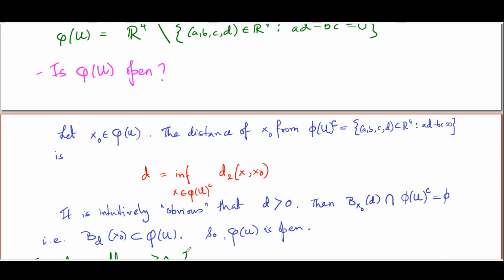But there's just one small nagging point here. This d that we have defined, the distance of the point x0 from this surface with AD equal to BC, well, it's an infimum of a bunch of positive real numbers. But we do know of plenty of examples of cases where the infimum of a bunch of positive numbers is not actually a positive number.